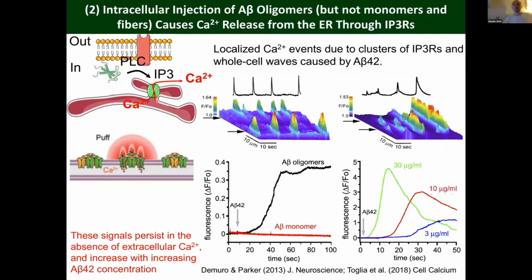As you increase the amyloid beta concentration, the amount of calcium release increases almost linearly. And these signals persist in the absence of extracellular calcium. That means the calcium is not coming in from outside. In this case, it's released from the endoplasmic reticulum.